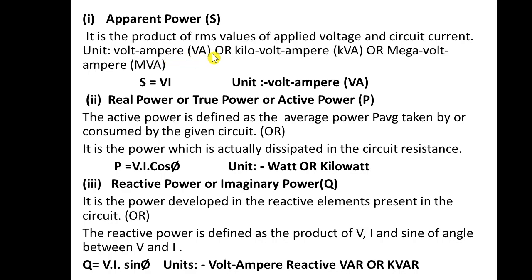If its value is greater, then we say kilovolt ampere, and if it is very large, then megavolt ampere. The unit is volt ampere because here it is the product of voltage and current, and the unit of voltage is volt and the unit of current is ampere.